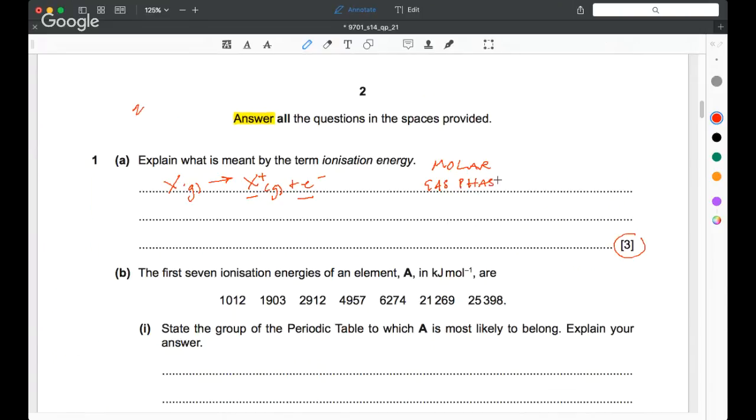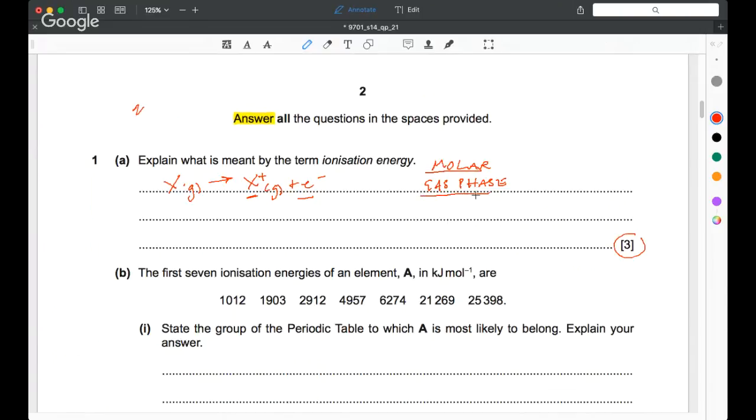You can see that I've written some state symbols in there. So to get the 3 marks, you had to talk about the fact that an ion was being created, the cation, that it's related to molar amounts and it's taking place in the gas phase.